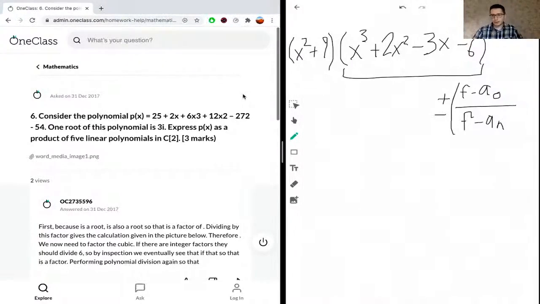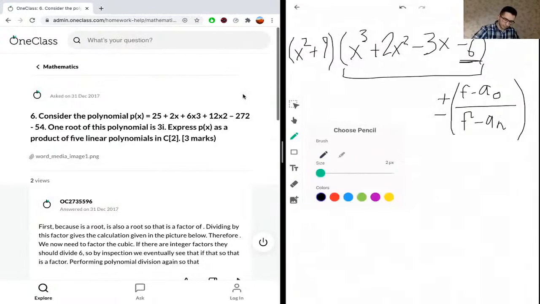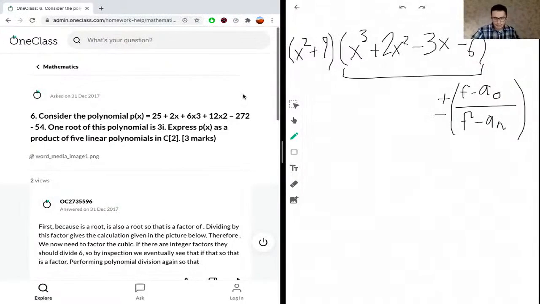So a naught just represents the final term over here, a naught just represents -6. An represents the coefficient with the highest power, so 1 here.